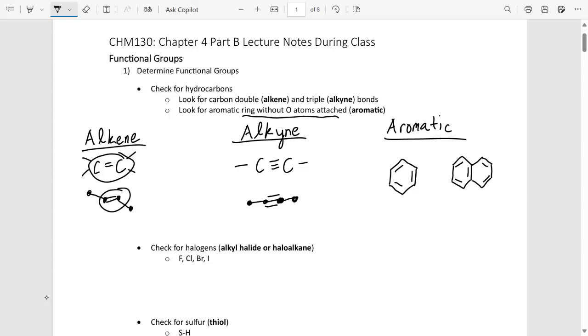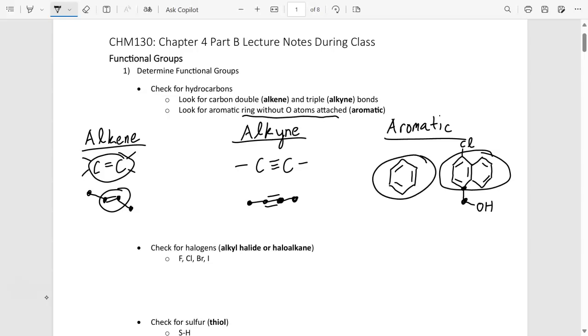So I could have a chlorine coming off of this, could have some type of a nitrogen, or I can even have oxygens as long as they are not directly attached to the ring. So in this case, there's a carbon here on the ring, and then another carbon, and then an OH group. And so that is still considered aromatic. And the aromatic part is right here in the center.